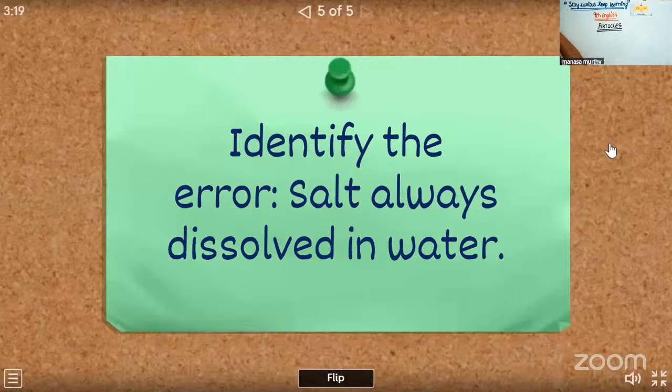There is an error in this sentence. Salt always dissolved in water. There is an error in the sentence formation. What is the error? Whenever something happens always, how do we say that sentence? We say it in present form. So how should we say it?